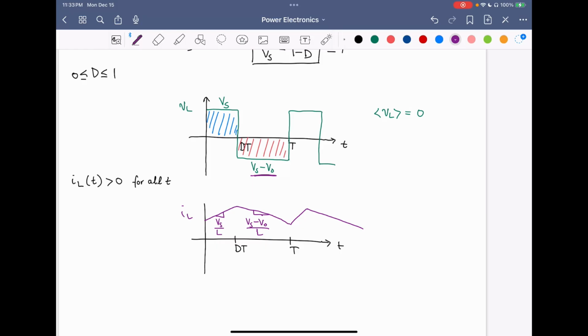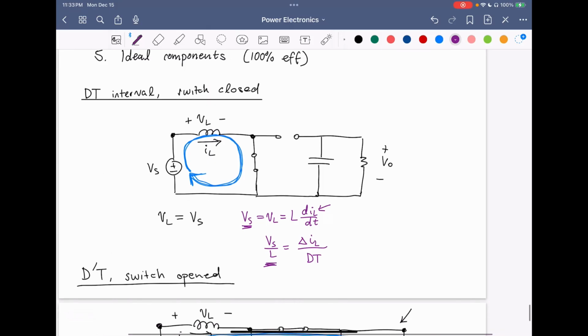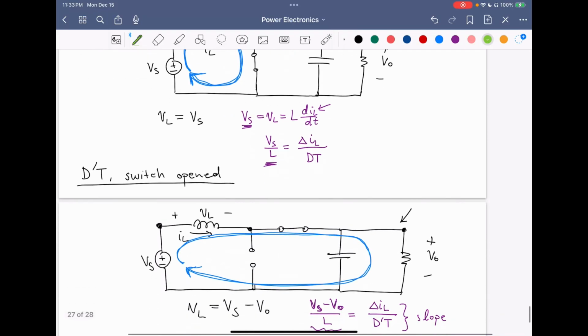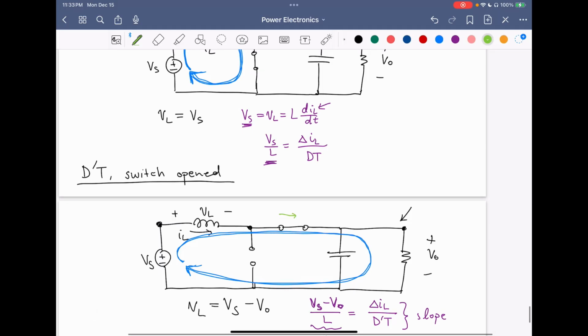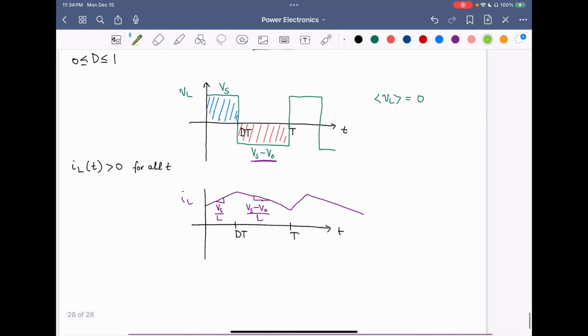Now, what about the waveform for the current through the diode? So if we look back on this circuit, in the dt interval, this is the current through the diode, which is equal to 0. Now in the d prime t interval, the current through the diode is equal to the current through the inductor. So we've also figured out the waveform for the diode.